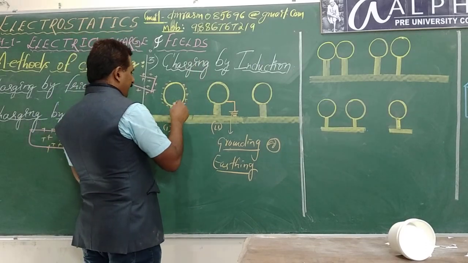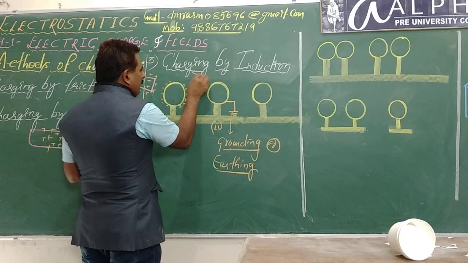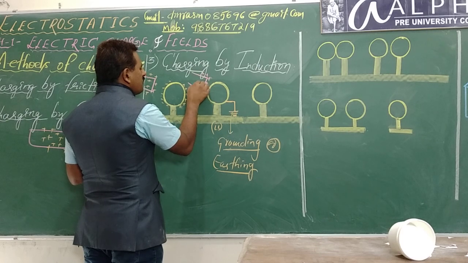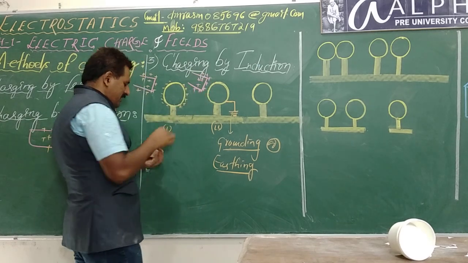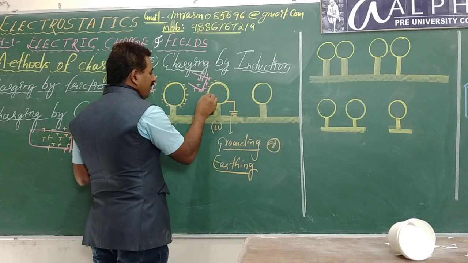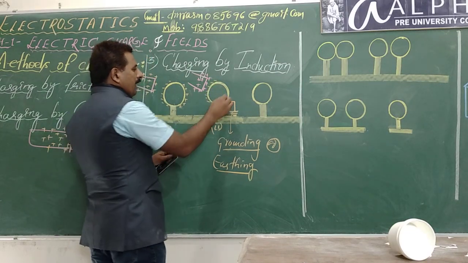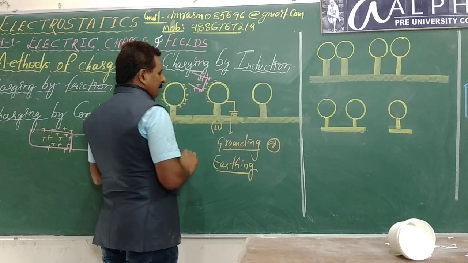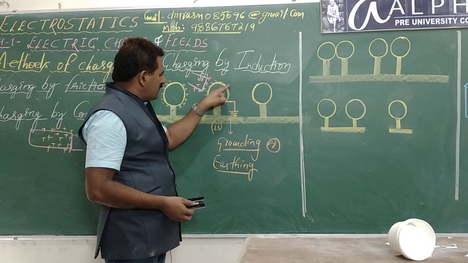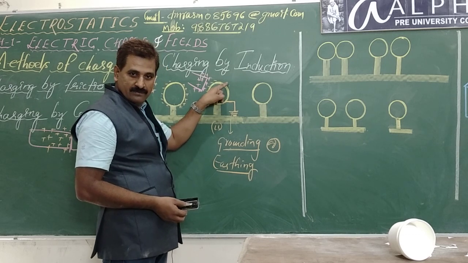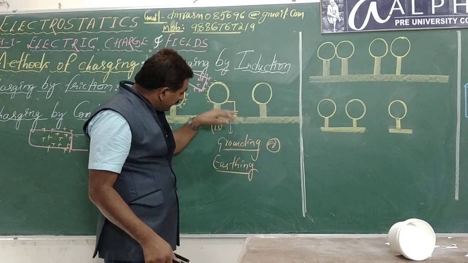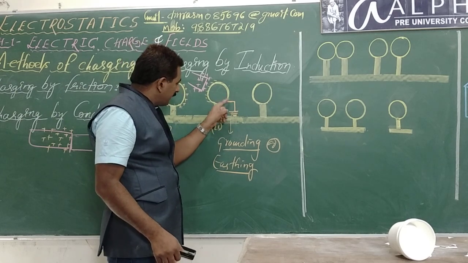Now do the same experiment. Bring the same positively charged body near it. What happens? Same story. The positively charged body attracts electrons here. They come over this surface and negative and positive charges appear here. Because of the presence of positive charges, there is an attractive force on electrons in the ground via this conducting wire.